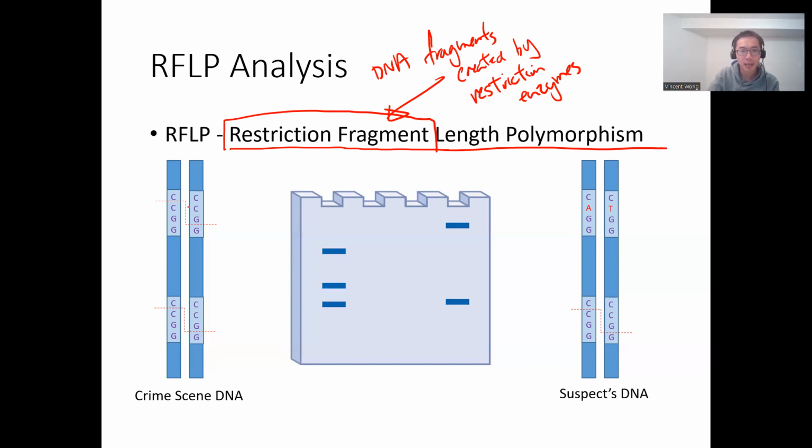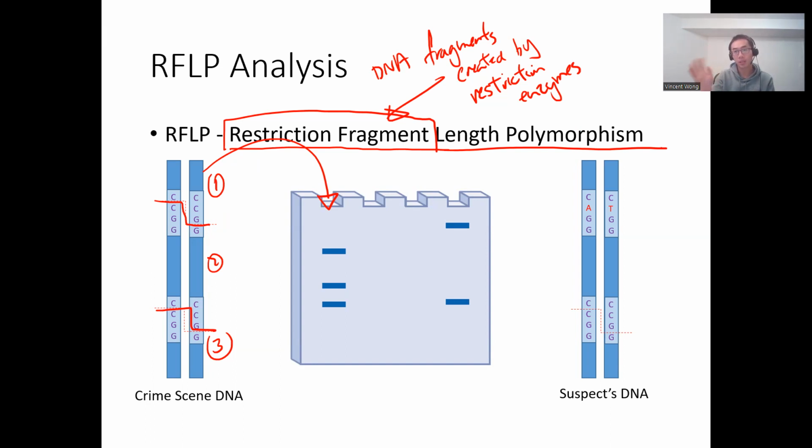So if I use a restriction enzyme that recognizes CCGG and I cut it, so one cut here, another cut here, then I would get 3 bands, right? Okay, 1 band, 2 bands, 3 bands, and that's what shows up in the gel when I load the sample. Okay, not the original sample, but the sample that has been digested after you cut it, and then I load it. I will see 3 bands.